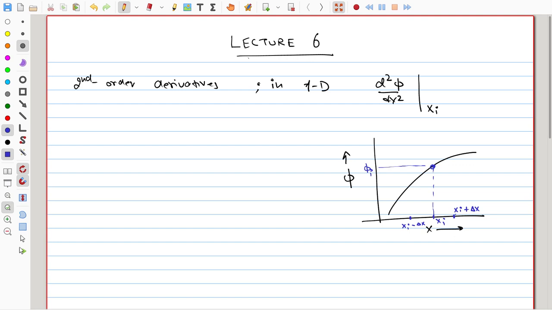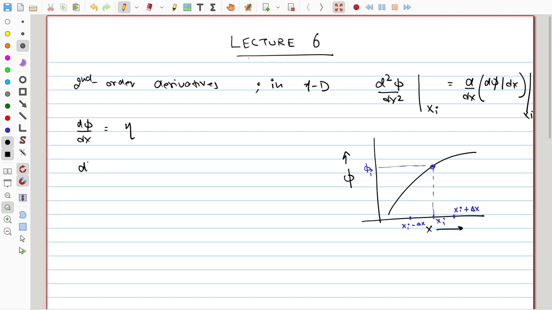Yesterday we learnt the center difference method for the first order derivative, and the second order derivative is nothing but the first order derivative of the first order derivative. So I can write this as d by dx of a function which is d phi by dx at the point xi. Since phi is infinitely differentiable, all the derivatives exist. For simplicity I'll call d phi by dx eta.